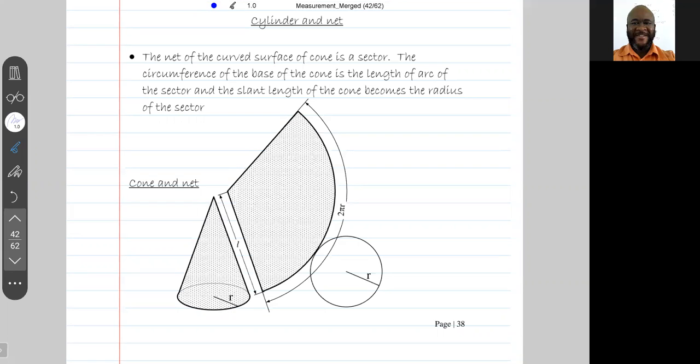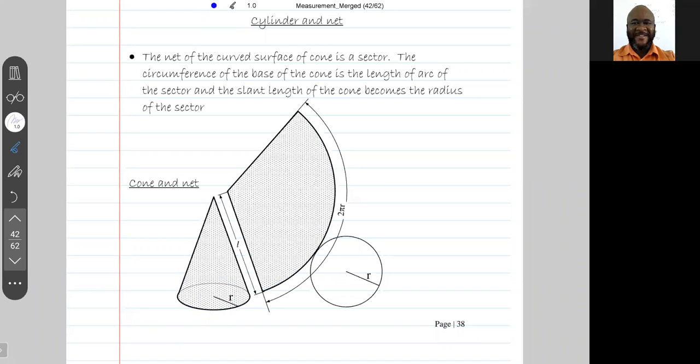So the net of the curved surface of a cone is a sector. The circumference of the base of the cone is the length of the arc of the sector. So the circumference of the base here becomes this length here. The circumference of the base of the cone becomes the length of the what? Of the sector. Stay with me.